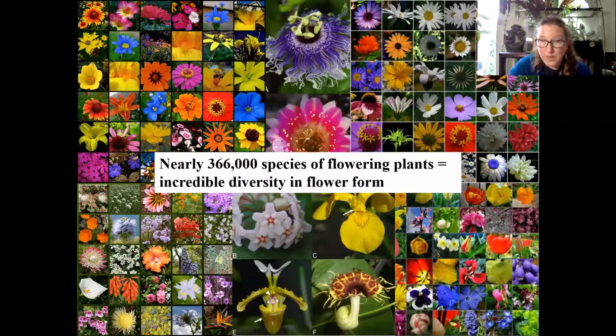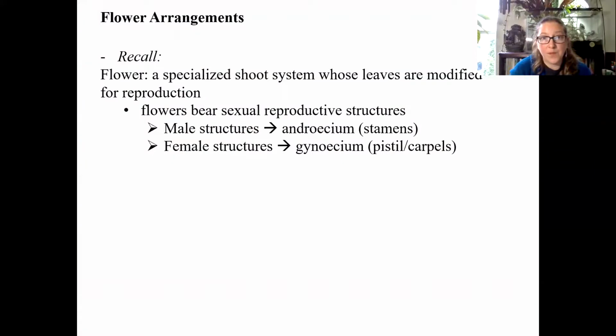So we already talked about this, right? We know that all the angiosperms make flowers, and we know that the flower is a specialized shoot system. However, what used to be leaves of this specialized shoot system are now flower parts that are modified to do reproduction, right?